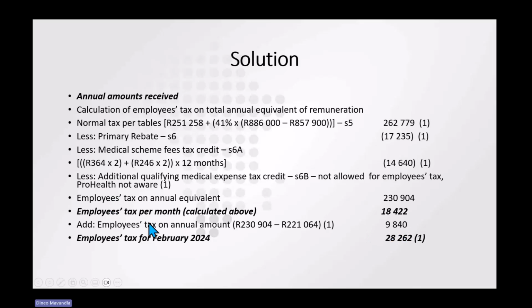So we take our employees' tax per month that we've already calculated up there of 18,422, plus the employees' tax on our annual amount of 9,840 Rand, and that would give us our employees' tax for the month of February 2024 of 28,262 Rand.